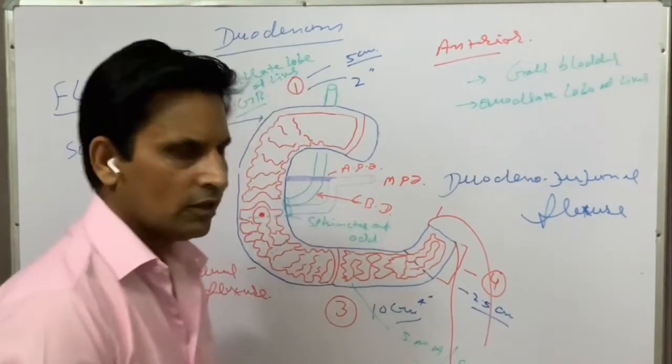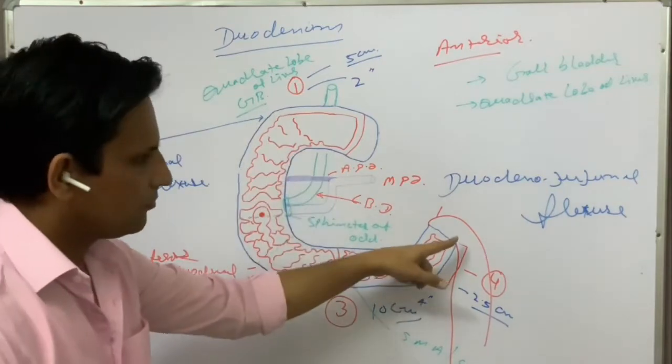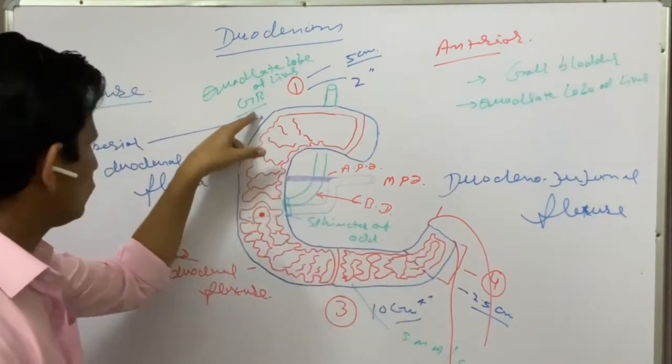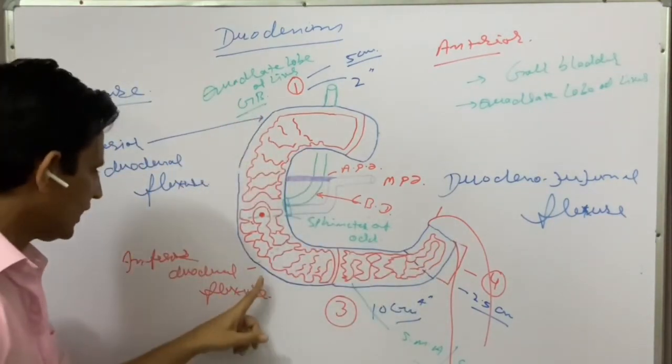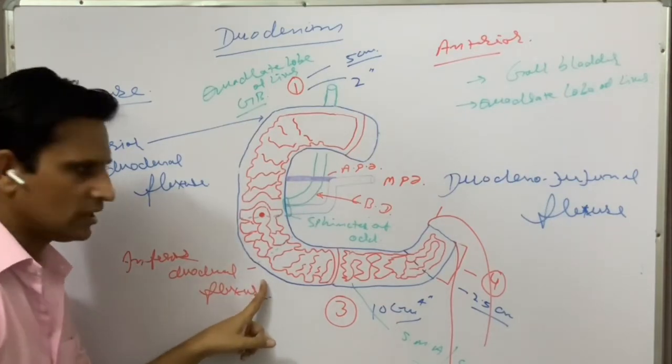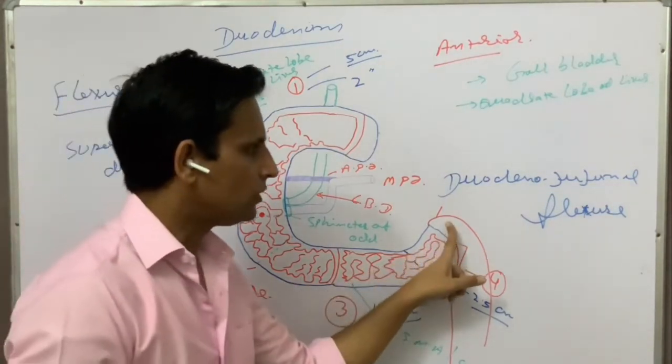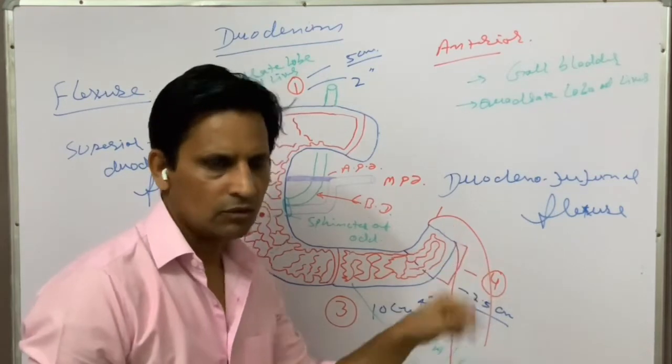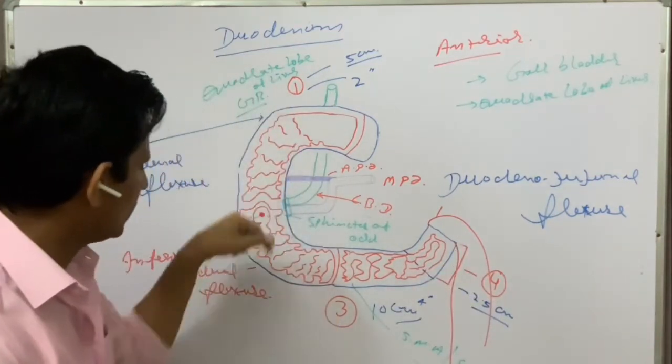So we came across three main flexors. One was the superior duodenal flexor, the second was the inferior duodenal flexor, and the last one was the duodenojejunal flexor. Okay, let's see one more thing.